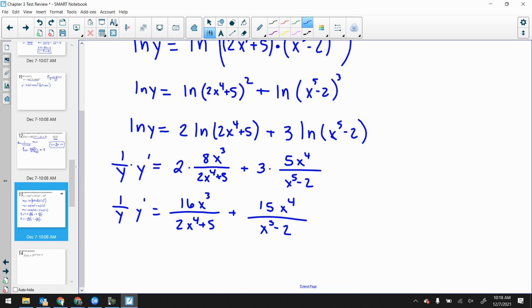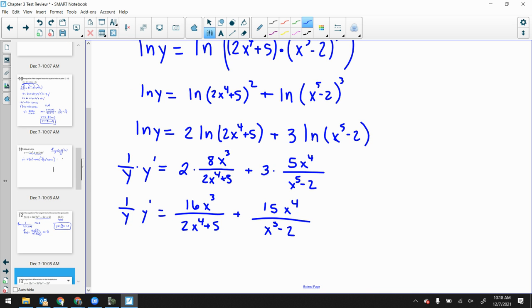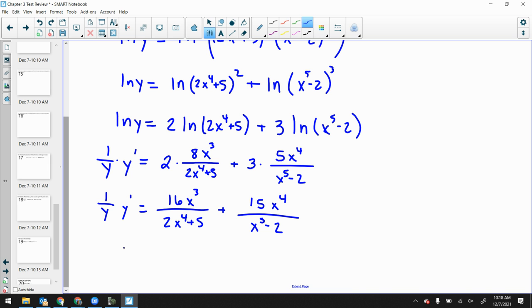And now at this point, I am okay with you just multiplying the y over to the other side. So y prime is essentially just y times the quantity 16x to the third over 2x to the fourth plus 5, plus 15x to the fourth over x to the fifth minus 2.